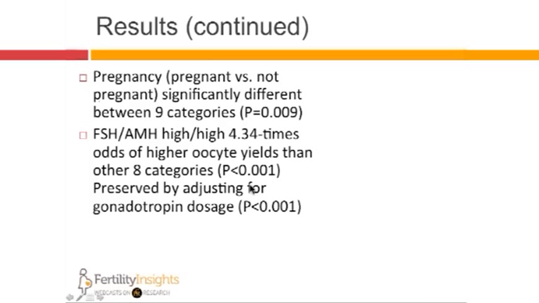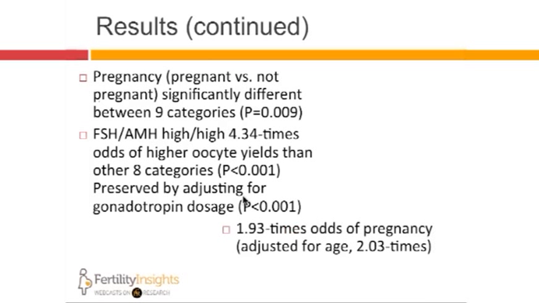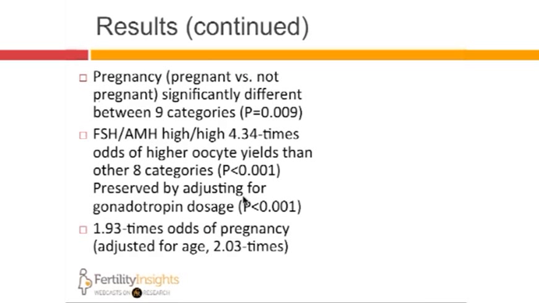And this finding was preserved when adjusted for the gonadotropin dose as well as patient age. And even more interestingly, this patient group of high FSH and high AMH had practically twice the odds of pregnancy than all other 8 categories.